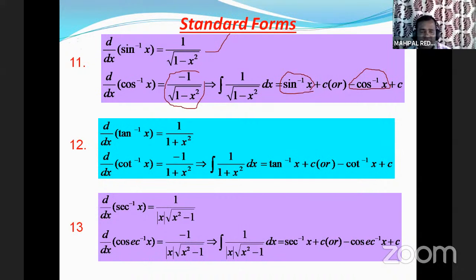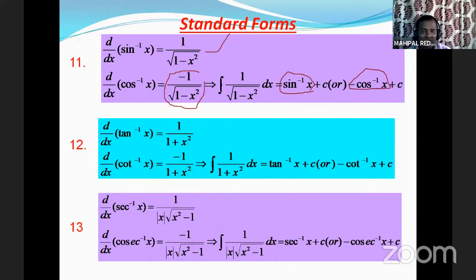Derivative of sec inverse of x equals 1 by modulus of x into under root of x square minus 1.